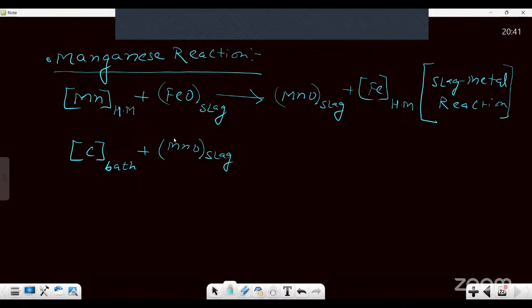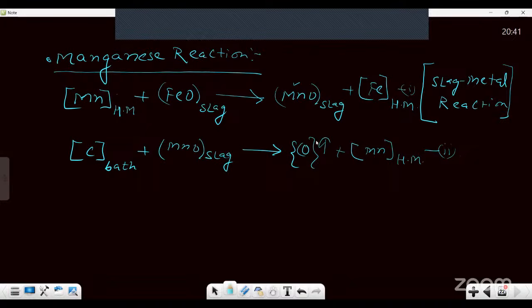So manganese from the hot metal is getting into the MnO, so now the slag has MnO. Now the carbon can react with the MnO and form CO, plus again the manganese will come back into the hot metal. So these two reactions are possible in case of manganese reaction.